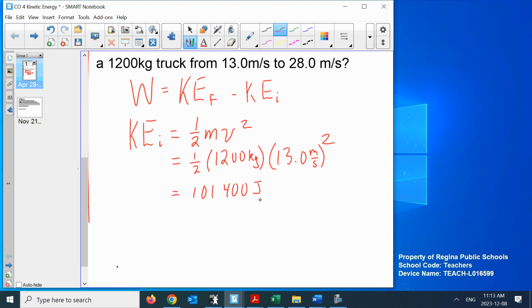Okay. How does that unit work? How do I get joules out of mass and velocity? Well, because you've got a kilogram, meter per second squared, with meter again, so meter squared. It works out in joules.